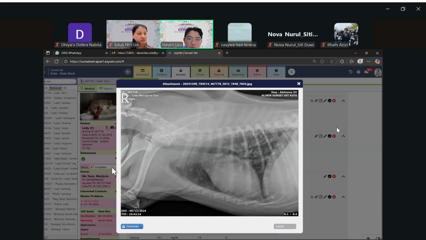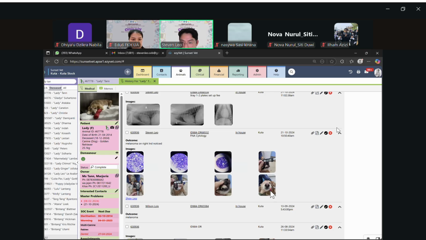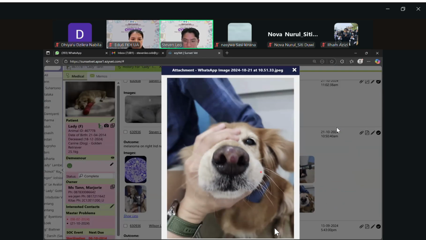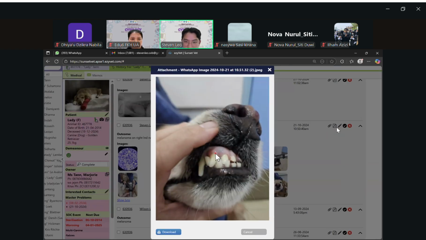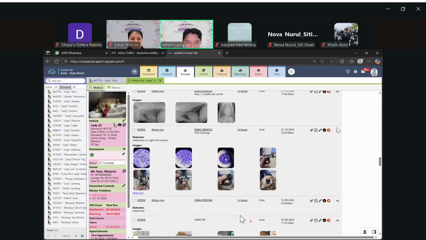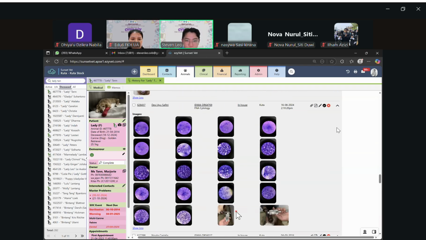So you can take a look here. You can see all the metastasis lesions. And the worst part, where's the biggest one? You can imagine this is so big already, so big here, big here. And you can see it spread to the gum, which before was a very happy dog.